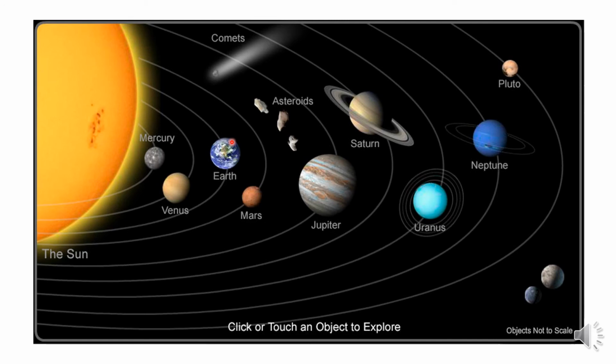Another important distinction between planets and dwarf planets is that a planet has to have cleared its orbit of most objects. So if you've got an object which has loads of bits and pieces floating around it, and it's just a sea of lumps of rock and everything else, then we wouldn't necessarily consider it to be a planet.